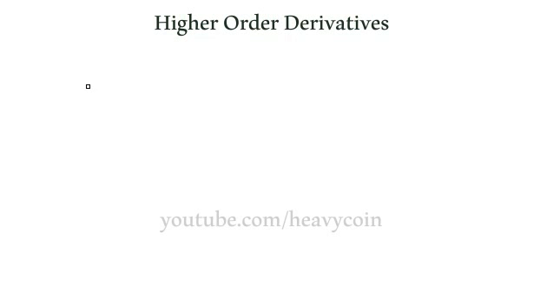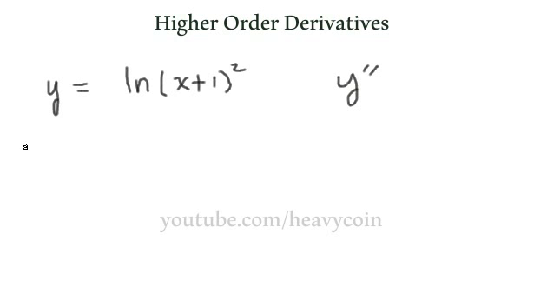Working higher order derivatives. Let's look at one that's a natural log function. We got y is equal to ln of x plus 1 quantity squared, and we want to find the second derivative. Okay.